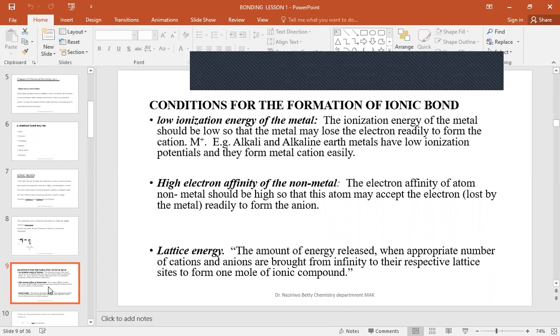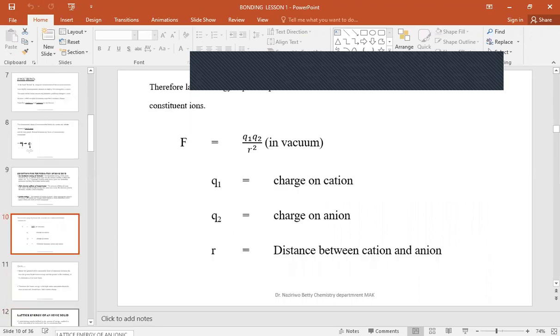The amount of energy released when the appropriate number of cations and anions are brought from infinity to their respective lattice sites to form 1 mole of an ionic compound. Usually lattice energy depends on electrostatic force of attraction, which is given by the charge on the cation times the charge on the anion divided by the separation between the cation and the anion.